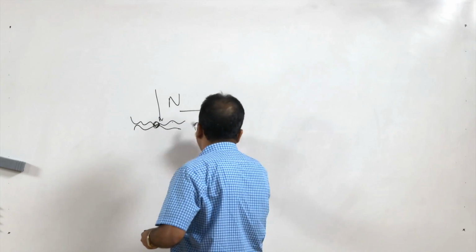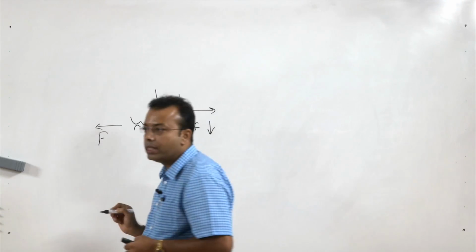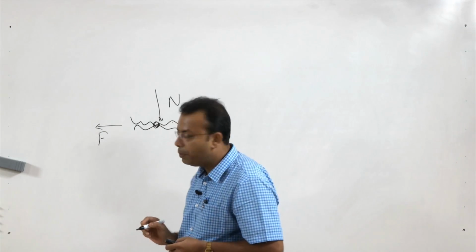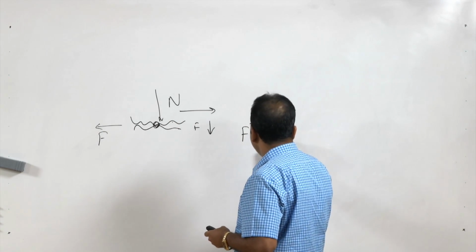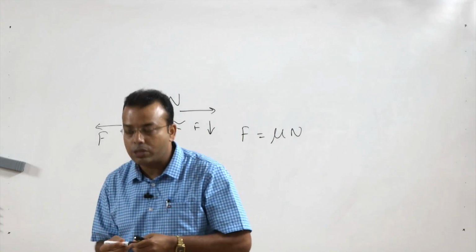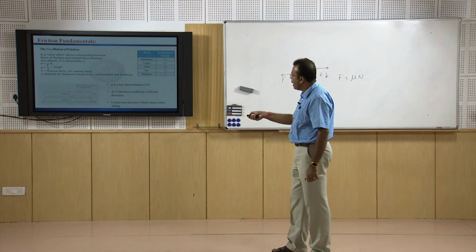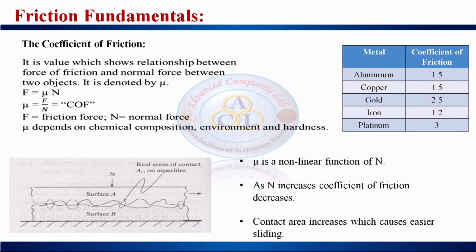If the motion of the body is in this direction, its frictional force will act in this opposite direction. What is the relation between them? F is equal to mu into N, where mu is called the coefficient of friction. From this figure you can understand that there are two bodies having two different surface structures.